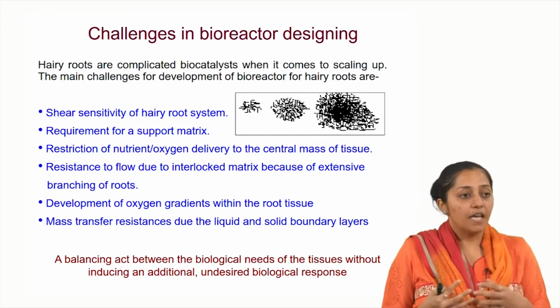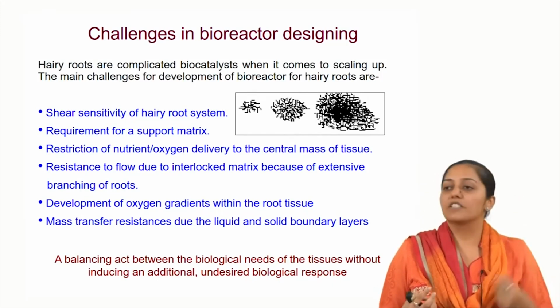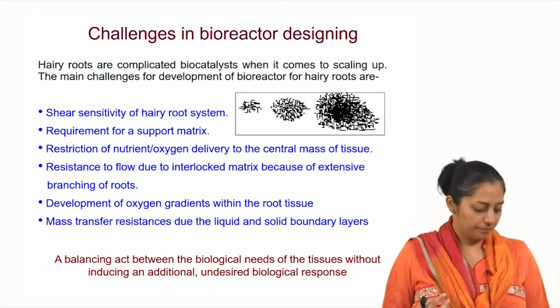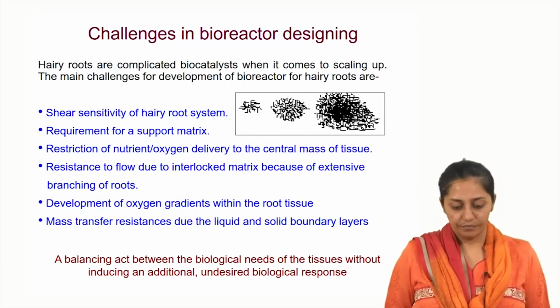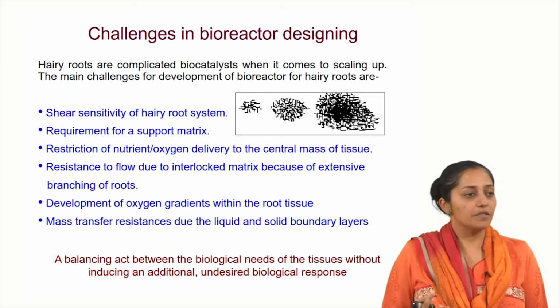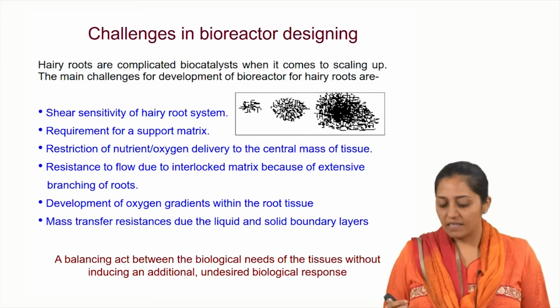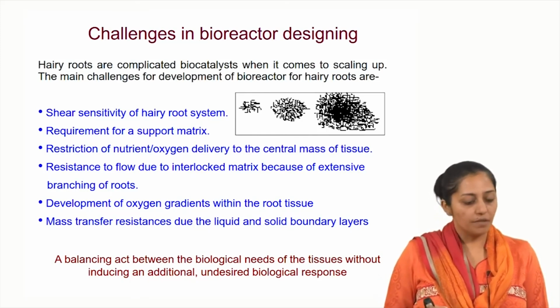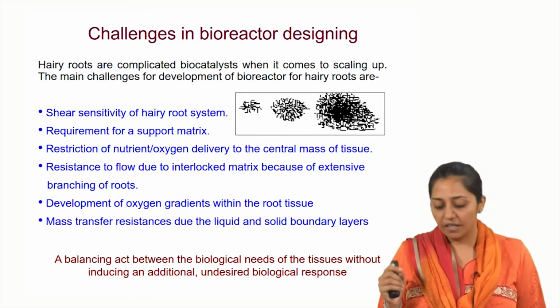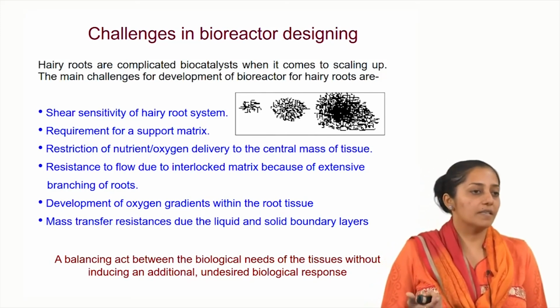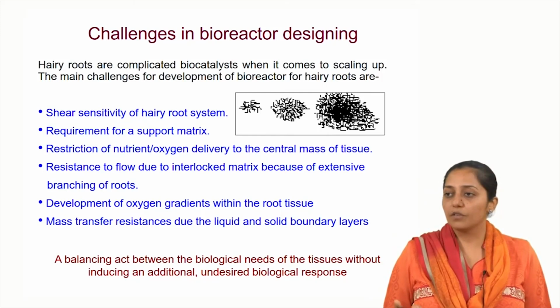Because of the heavy branching, the morphology became thin and it became easier to scale up the system, and mass transfer limitations were also reduced. So it has to be a balancing act between the biological needs of the tissue without inducing an additional biological response, like for example wounding, which I said will induce callusing in the roots.